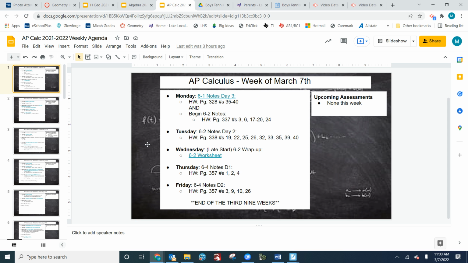Those are just matching. And then the new problems are on that bottom line down there: 3, 6, 17 through 20, and 24. For 17 through 20, they give you some training wheels. They tell you what to let u equal. And if you really want that calculator, you can hang out for another minute.